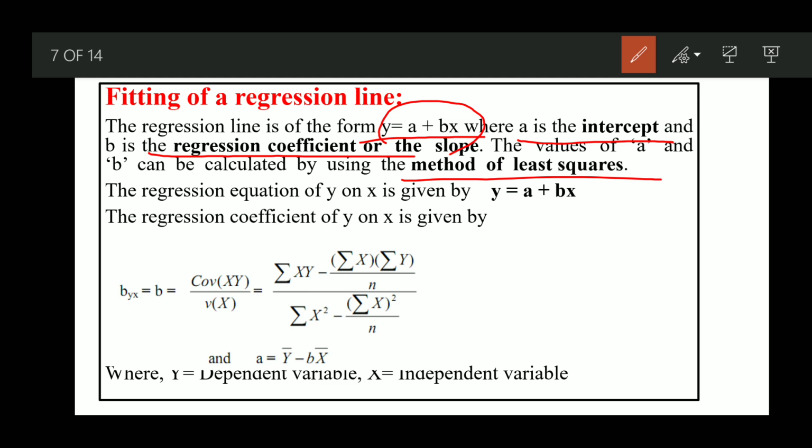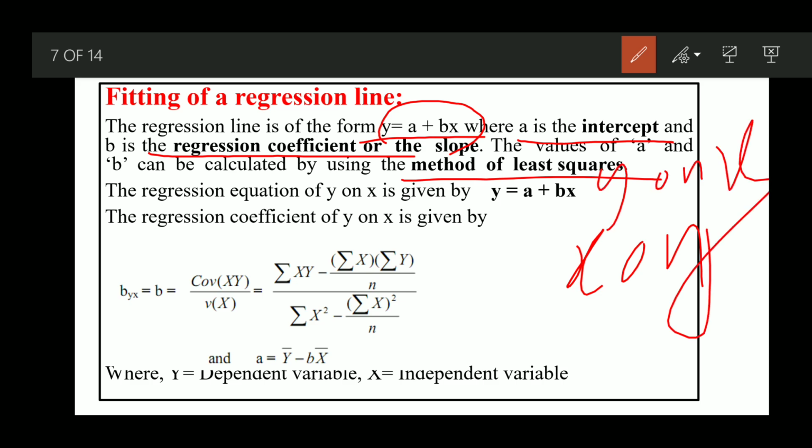Here we are considering simple linear regression, so we have two variables, one dependent and another independent. In such a situation we get two regression lines: the regression line of y on x and the regression line of x on y.